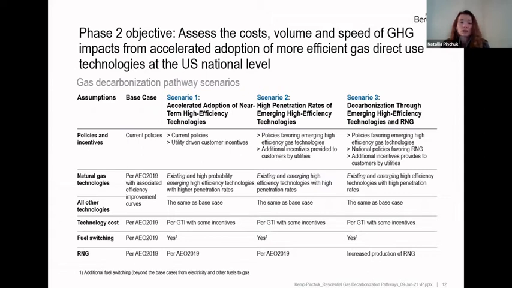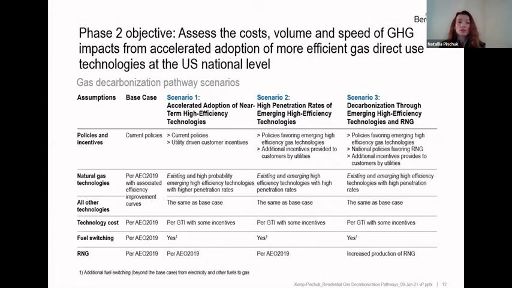So the first scenario, and I guess I should quickly mention that the base scenario for us was what was currently forecasted in the Annual Energy Outlook, which DOE produces every year, given existing policies, which, obviously, new policies change every year. So the base case for us was what was forecasted given the policies currently in place.